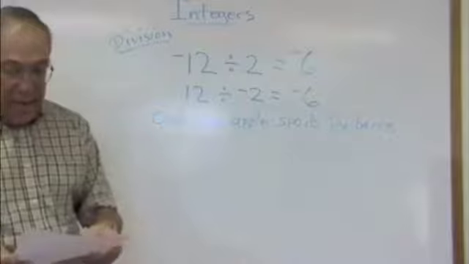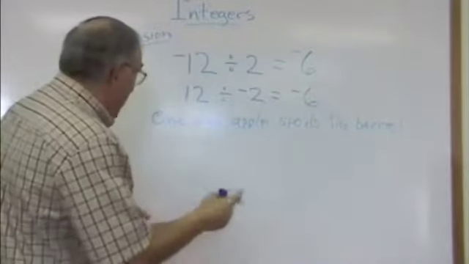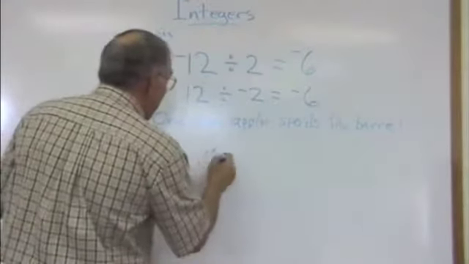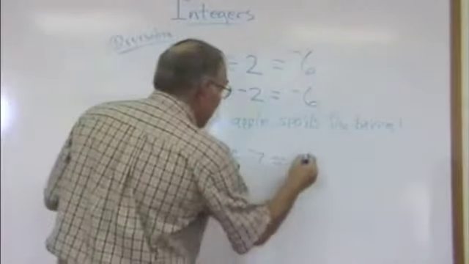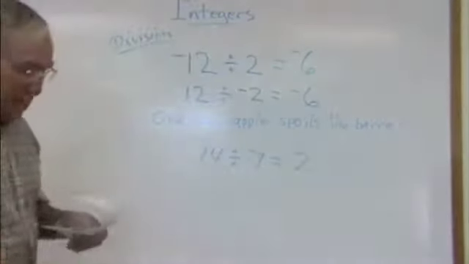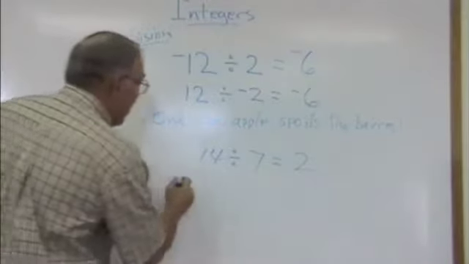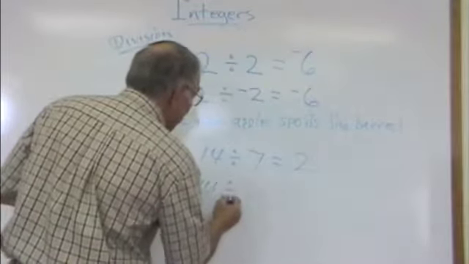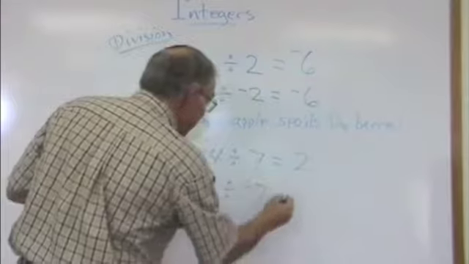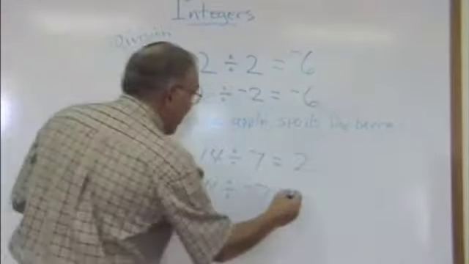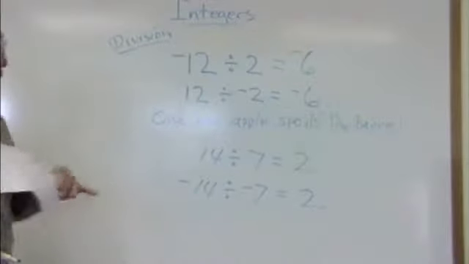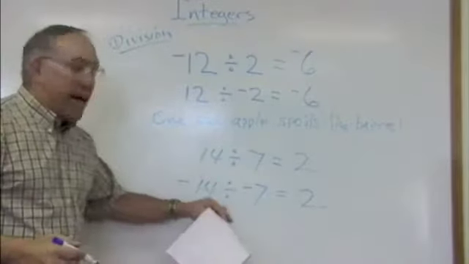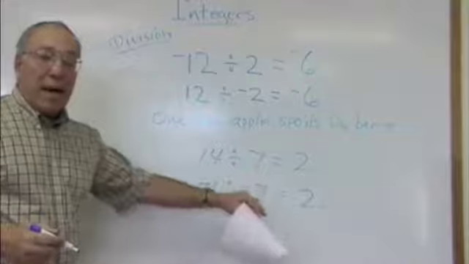What if the signs are the same? If we had 14 divided by 7, the signs are the same, the answer is 2, and of course it's positive. If we had a negative 14 divided by a negative 7, well, 14 divided by 7 is 2, and the rule is a negative divided by a negative is a positive.